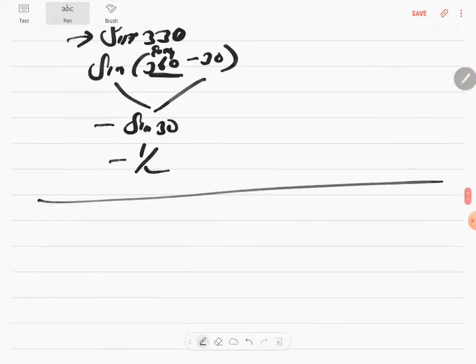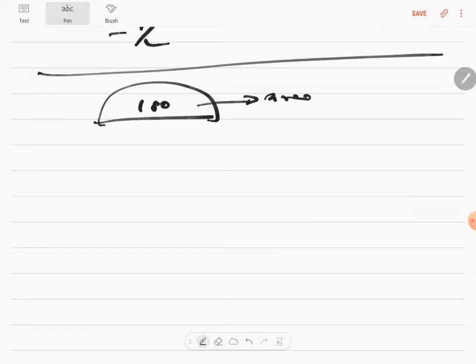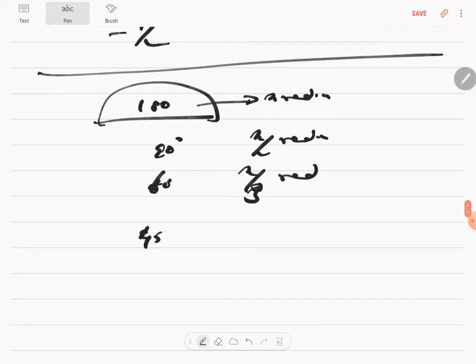And apart from this, I also taught you radian measures, such as 180 degrees in a protractor is equal to pi radians. Therefore, 90 degrees is pi by 2 radians. 60 degrees is pi by 3 radians. 45 degrees is pi by 4 radians. 30 degrees is pi by 6 radians.